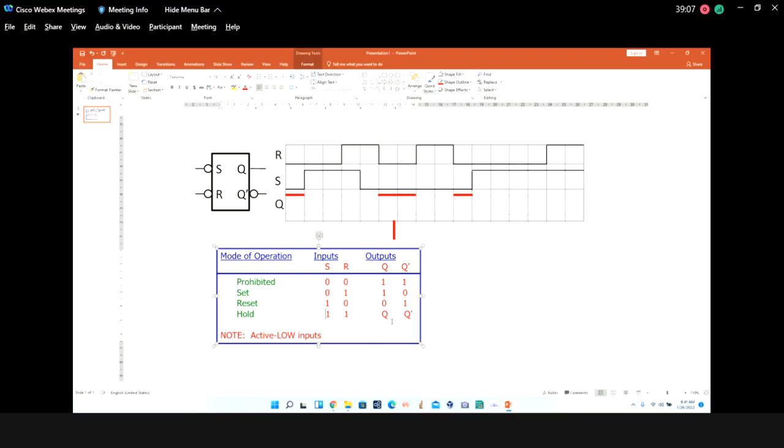If we have 1, 1, we have toggle, we have hold. Okay, so finally this one has the hold region, and this one also has a hold region.